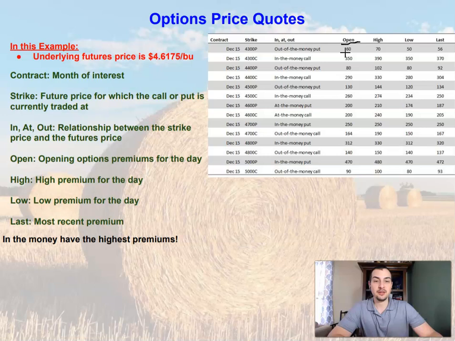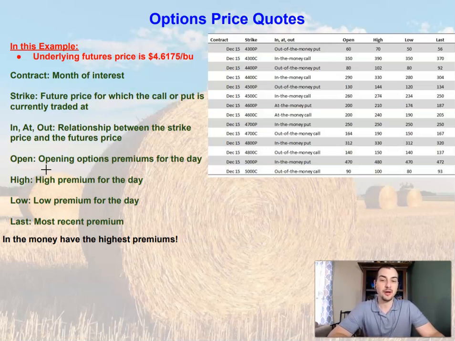It looks like it would be 6 cents per bushel in this particular example. So then we get 35 cents per bushel, and then we can keep going down. We have 7 cents per bushel for the high, and then 39 cents per bushel for the high for this in the money.